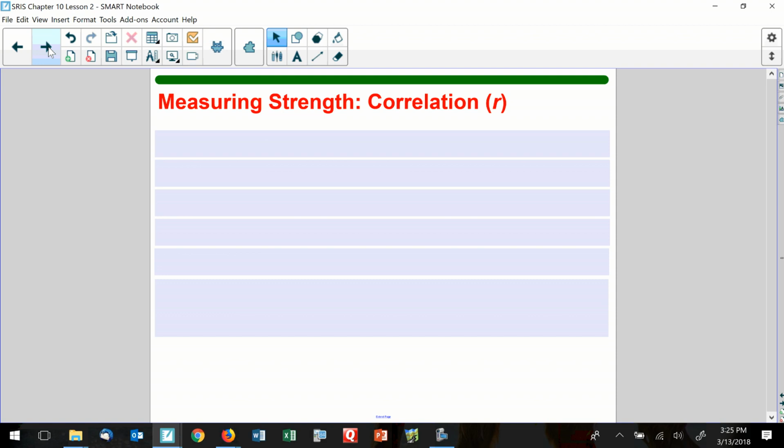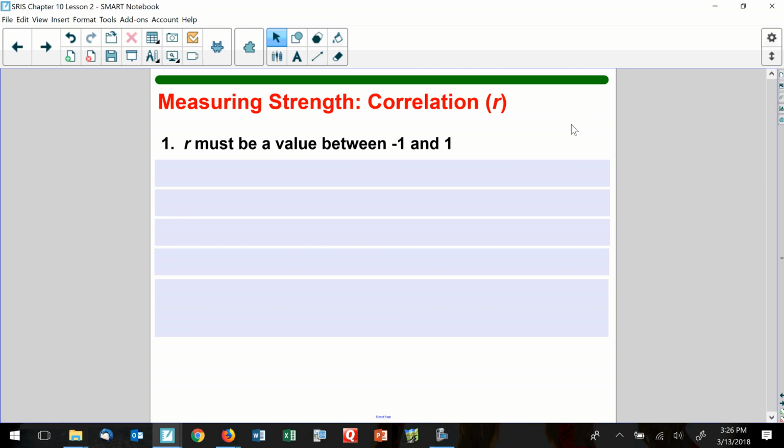First thing about correlation: we use the variable R for correlation to measure strength. Some things you should know. Correlation is a value between -1 and 1, with -1 being the strongest negative correlation, 1 being the strongest positive correlation, and 0 really being no linear relationship.